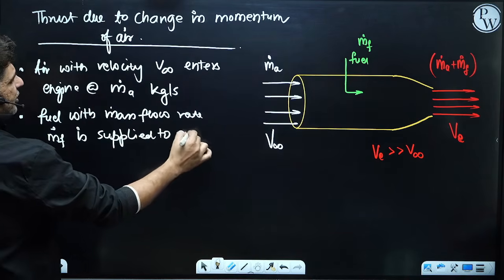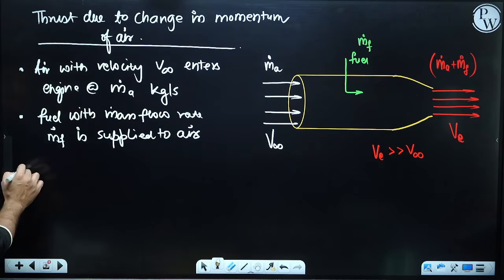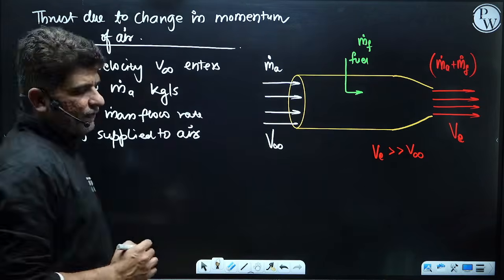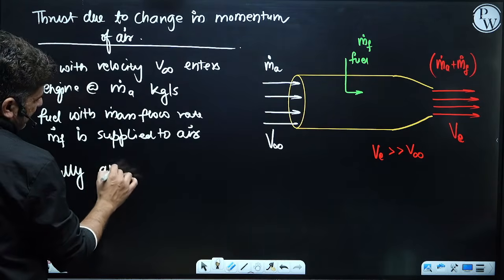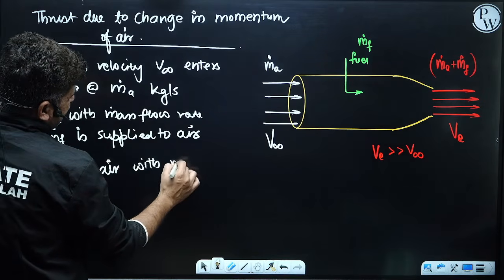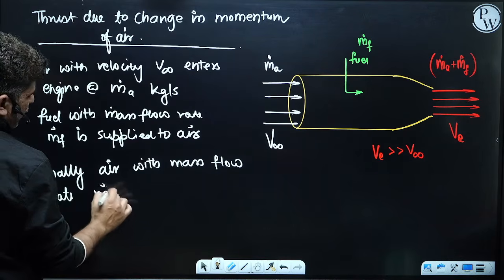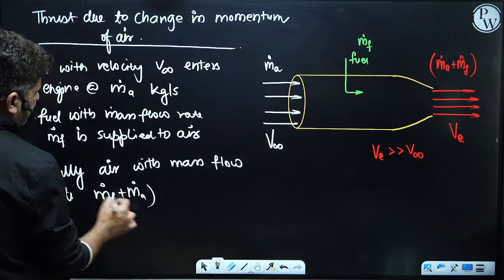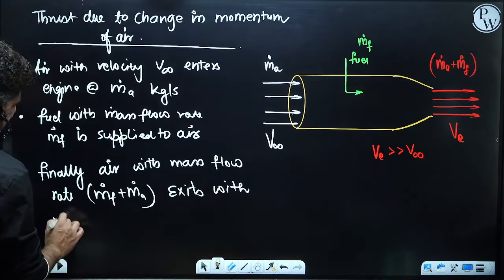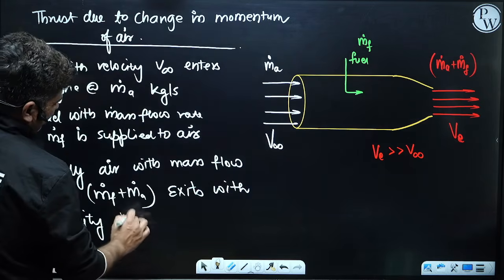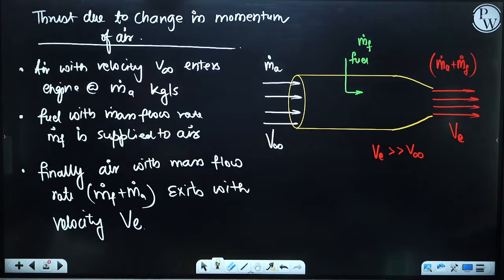This fuel burns and releases energy, and that energy is consumed to increase the velocity of air. So finally, air with mass flow rate m dot f plus m dot a exits with velocity ve. Is it clear? So it exits with velocity ve.